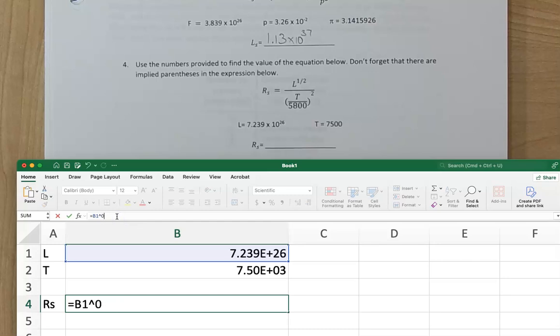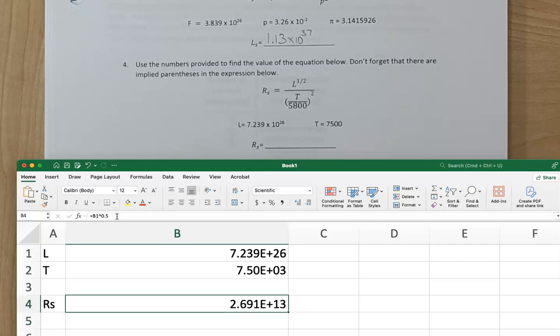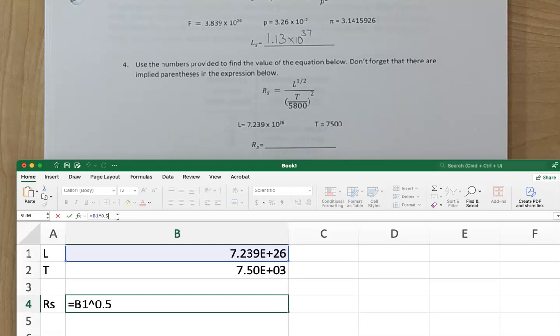What is 1/2? 1/2 is 0.5. So just take L, raise it to the 0.5 power. 1/2, 0.5, same thing. It gives you the exact same answer. So when you're raising something to a fractional exponent, just use the decimal. It'll save you from making a simple mistake.